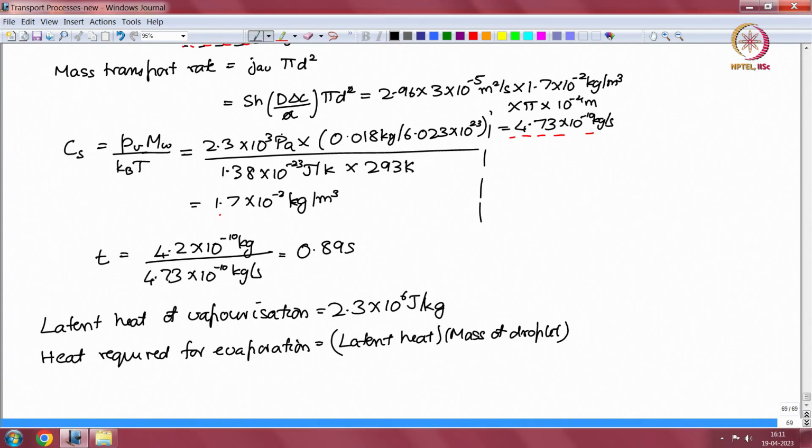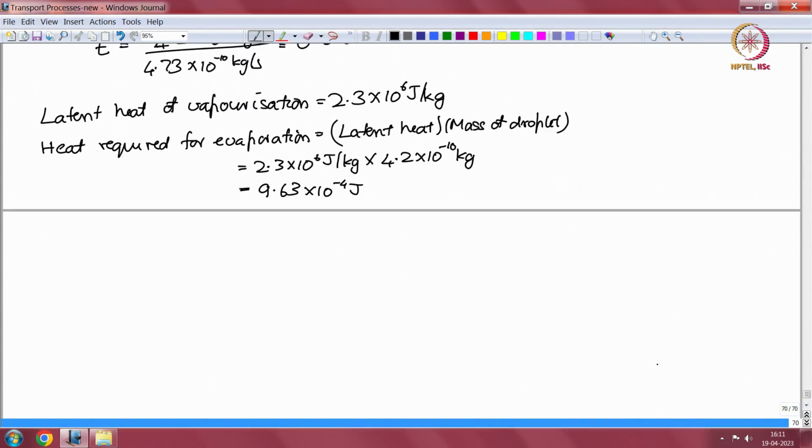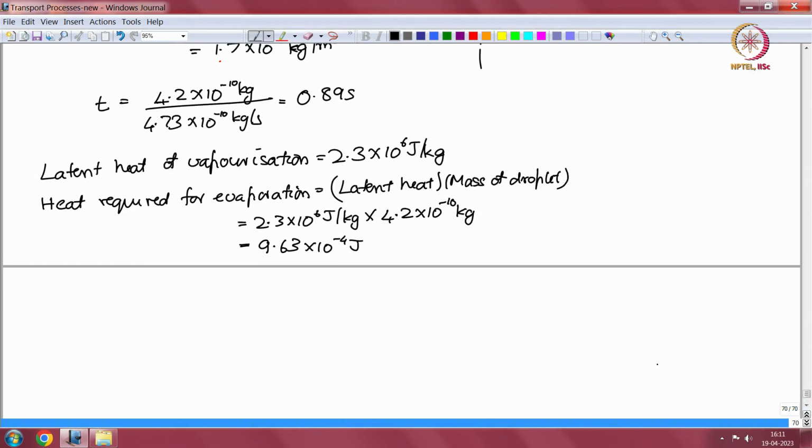So, this is just equal to 2.3 into 10 power 6 joules per kg into the mass of the droplet, which is 4.2 into 10 power minus 10 kg. Okay. So, this turns out to be equal to 9.63 into 10 power minus 4 joules. Okay. So, we have the heat that is required.